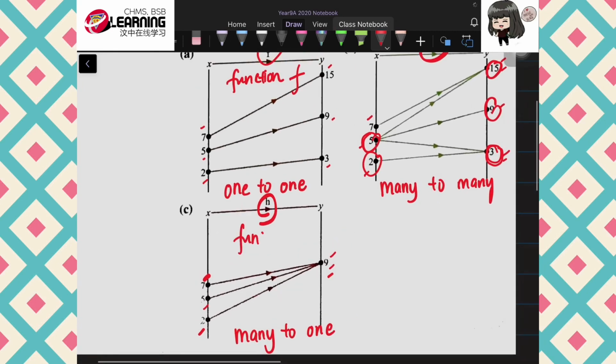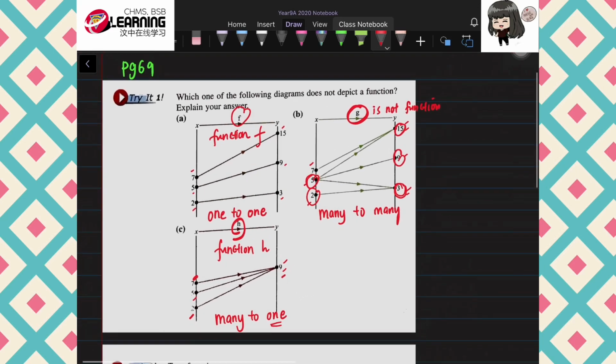Yes, it's a function of H because it has only one output. We go to the definition of function again: a function is called a function when it only has one output.